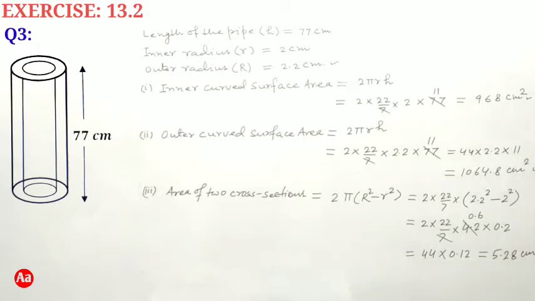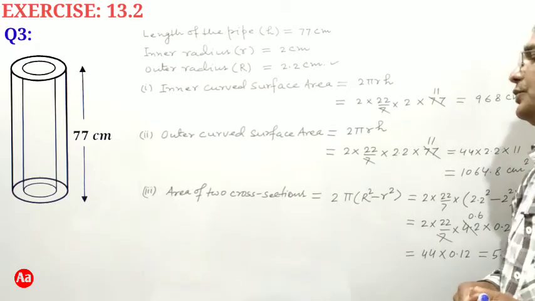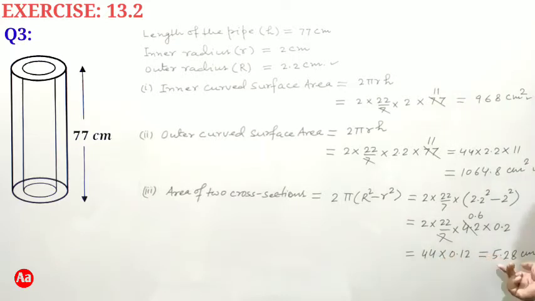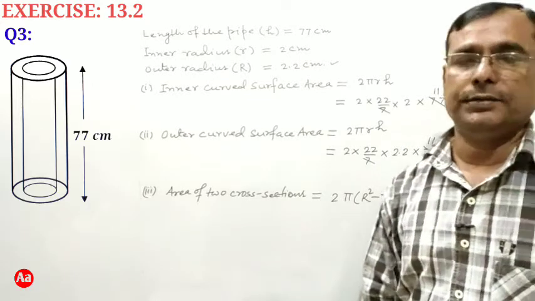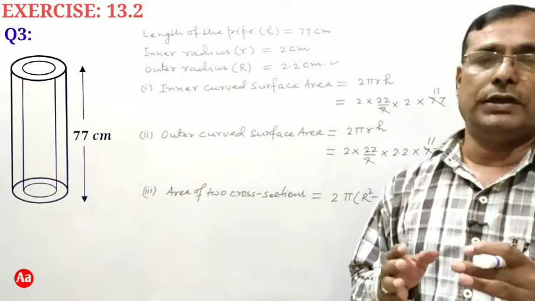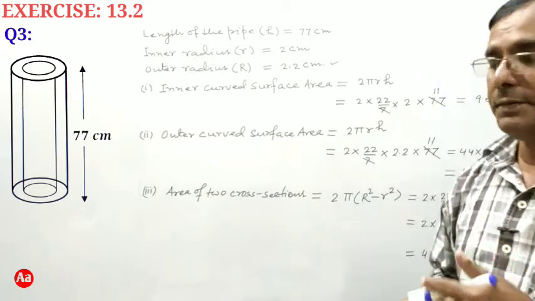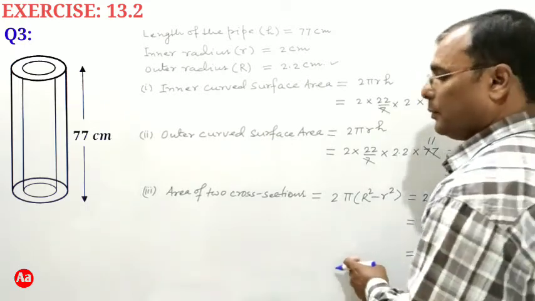So we have got the area of two cross sections also, 5.28 centimeter square. Inner surface area we have got, outer surface area of the pipe also we have got. So now let's find the total surface area of the pipe.